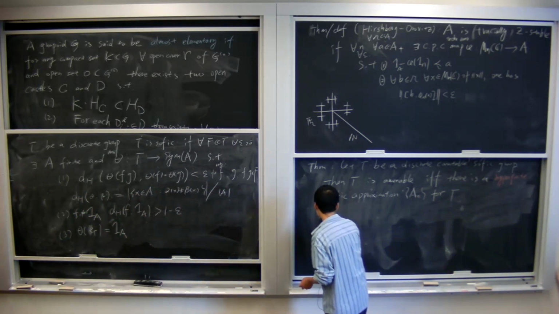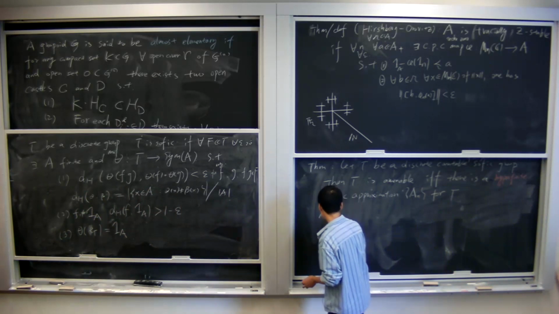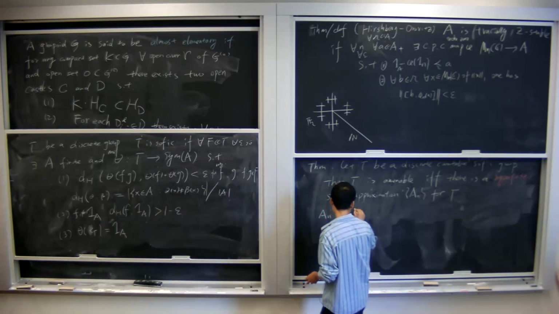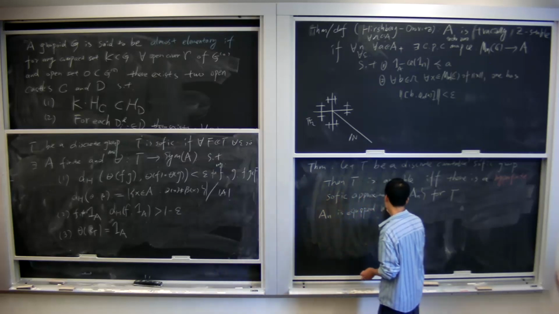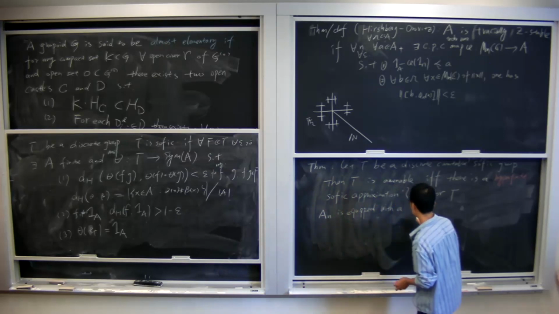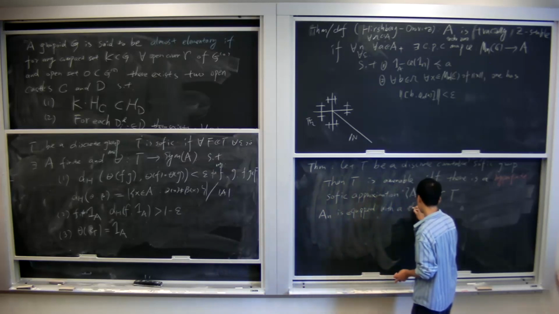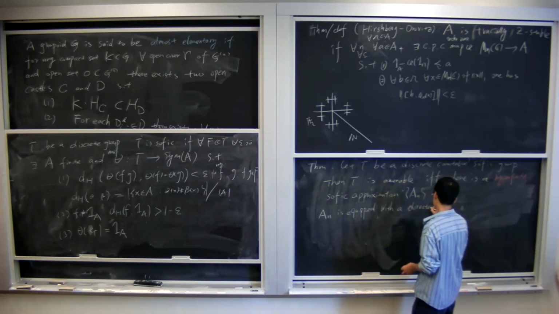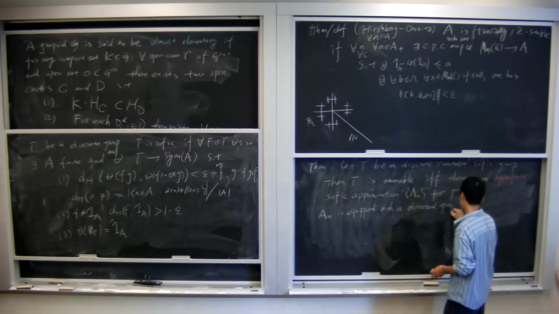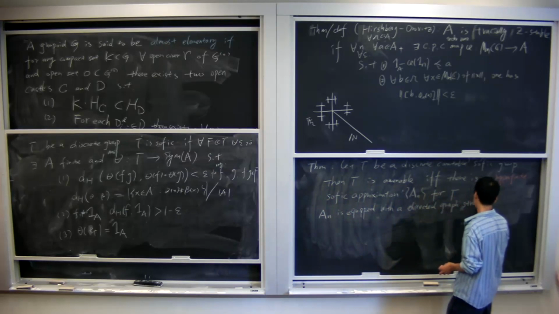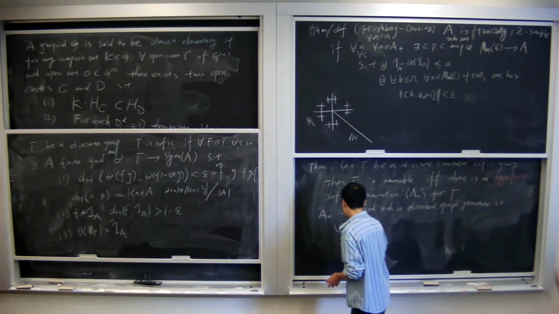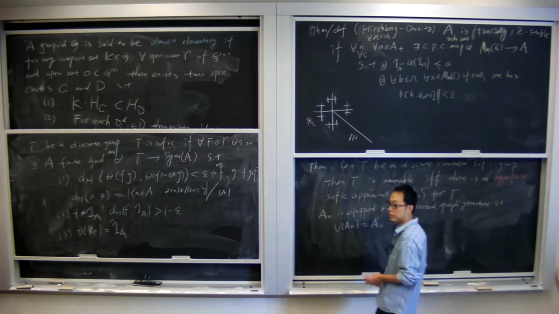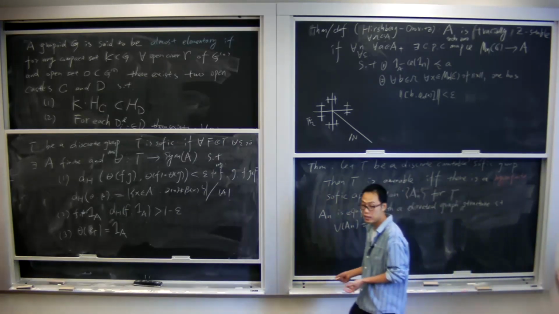Your A_n is equipped with a graph structure, or even a directed graph structure, such that the vertices are just A_n itself. Now let's consider the edges.